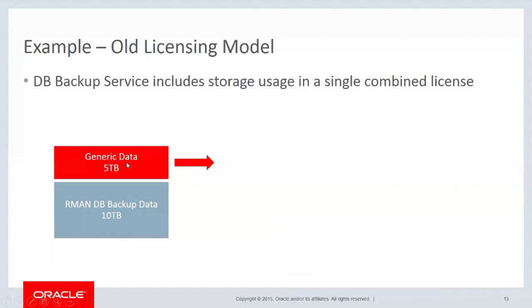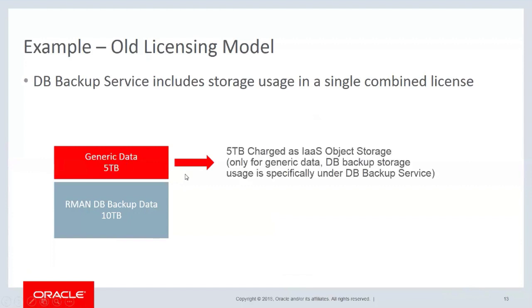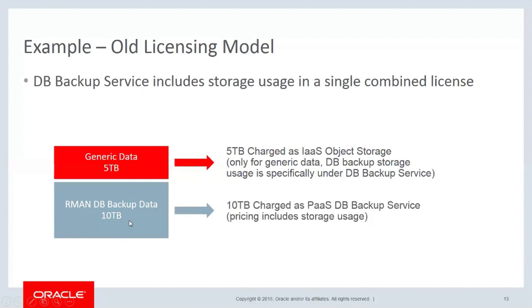So your 5 terabytes of generic data were charged as infrastructure as a service object storage at this price, and that's it, only 5 terabytes. And the 10 terabytes used for Armen database backup were charged as the database backup service.